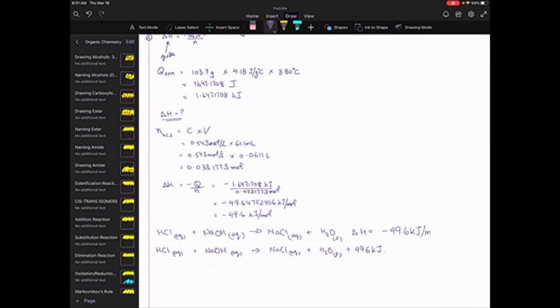This is kilojoules per mole of HCl. We are referring to HCl in this case, and since everything is in the ratio of 1:1:1:1, we can also write it as plus 49.6 kilojoules of energy.